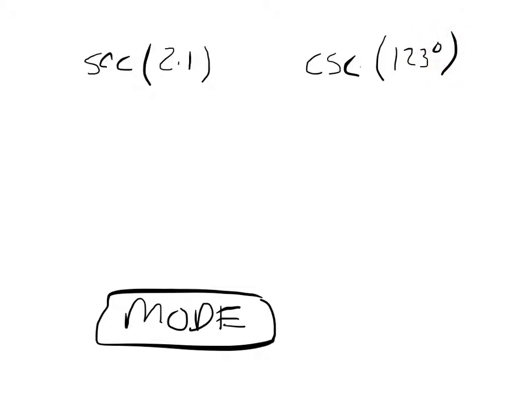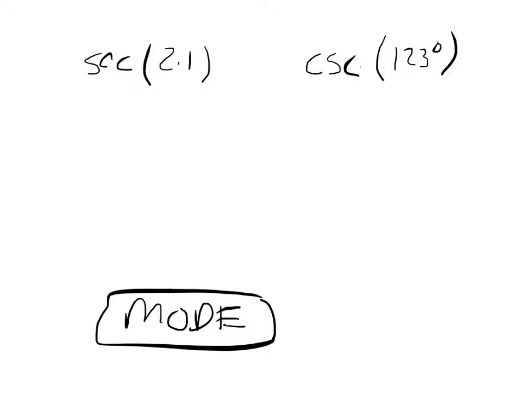If there's a degree symbol, obviously it's degrees. If there's no degree symbol, that implies you are in radians. So the question is, how would I use my calculator's sine, cosine, and tangent buttons to find the secant of 2.1 or the cosecant of 123 degrees?